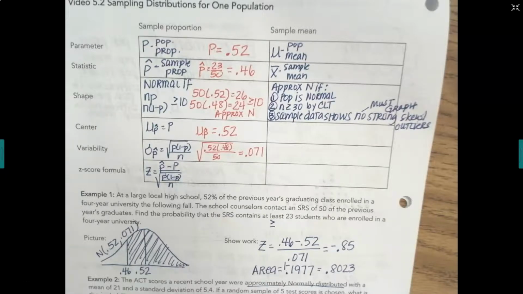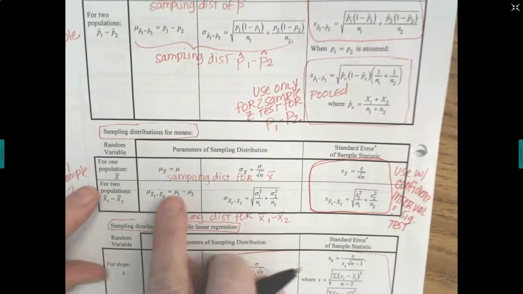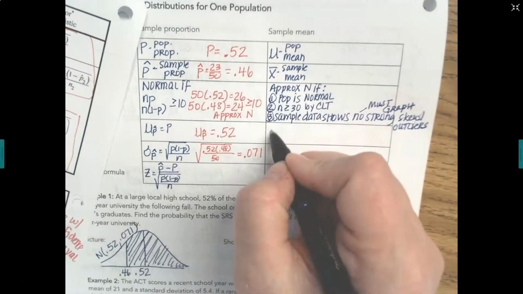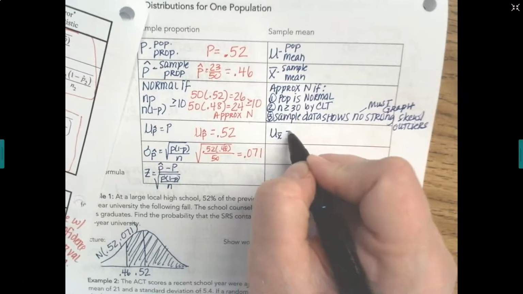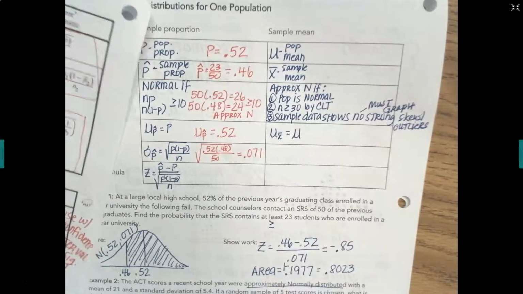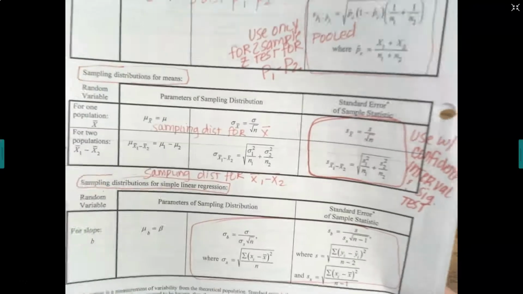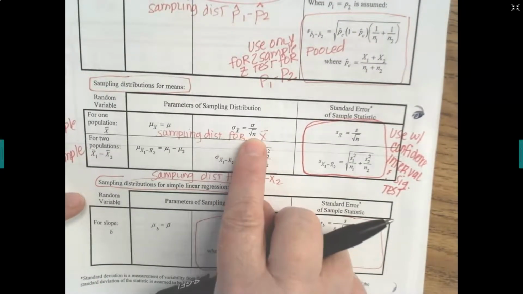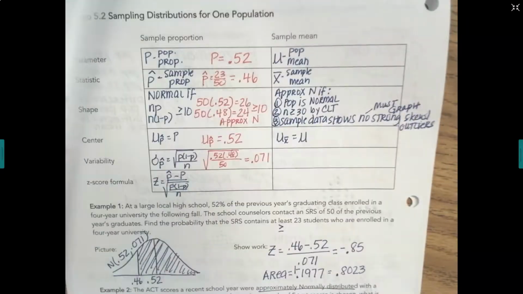Okay, so our center, if we look on our formula sheet for means for the sampling distribution for one population, the mean of the sampling distribution should be the same as the population. For our standard deviation, the standard deviation of the sampling distribution equals the population standard deviation divided by the square root of the sample size.